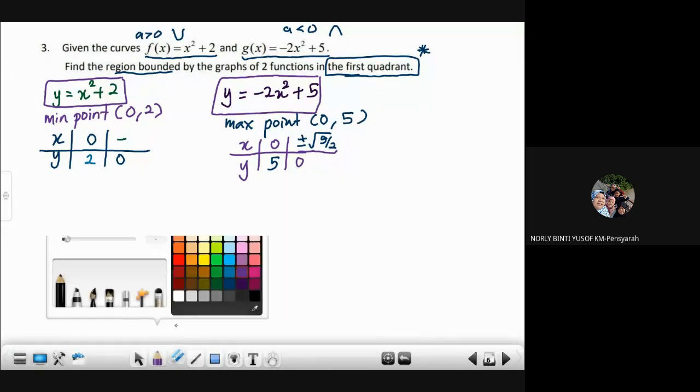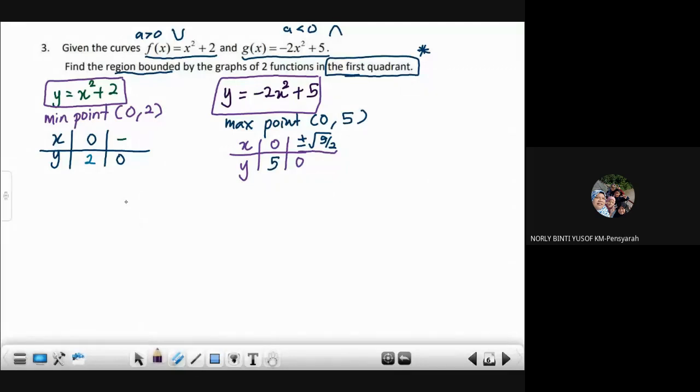Okay, sekarang kita buat graf dia. Kita ada dua curve kan. Okay. Y. X. Okay. So buat yang pertama dulu yang senyum. Senyum tu tak ada paksi x kan. Dan dia terus pada 0, 2. 0, 2 tu adalah kebetulan dia punya minimum point, kebetulan dia punya y-intercept. So senanglah kat sini.